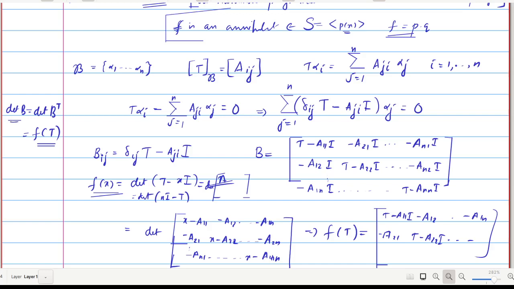So in order to prove that f of t equals 0, it is enough to prove that the determinant of B is the zero linear operator. The determinant of this matrix will be a polynomial expression in T and I, so it gives a linear operator.